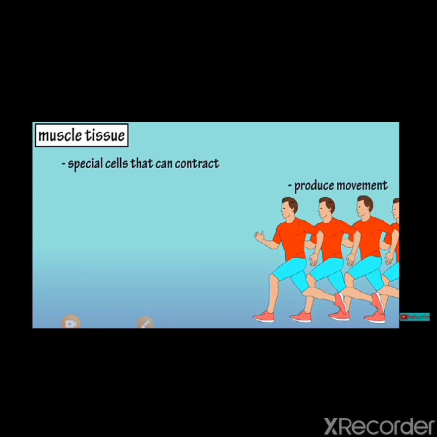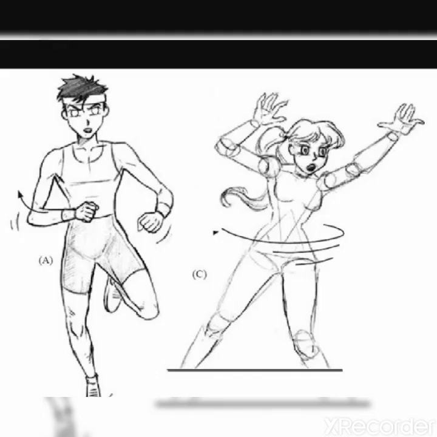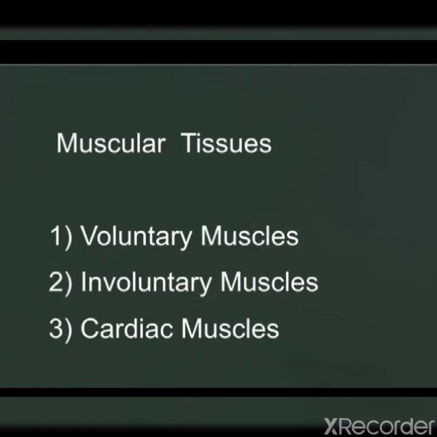Muscular tissues bring about movement by their ability to contract and relax. When there is movement in our hands, legs, alimentary canal, lungs, or eyes, all these movements are due to muscular tissues.